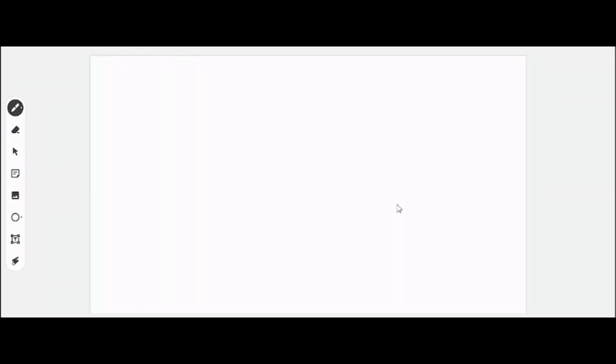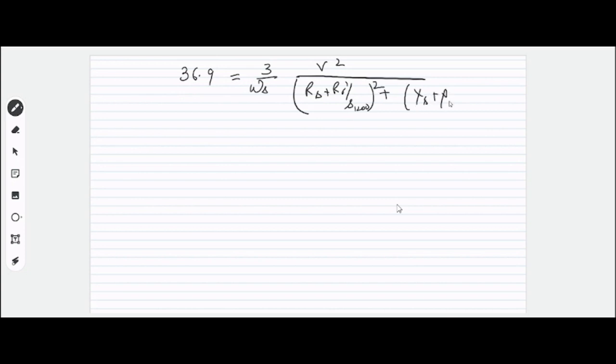Now we know that the motor at 1200 rpm has to generate 36.9 of torque. So this load torque must be supplied by the motor torque, and we know that motor torque equals 3 by omega s divided by V squared into Rr dash by s, over (Rs plus Rr dash by s) squared plus (Xs plus Xr dash) squared, with s at 1200 rpm.